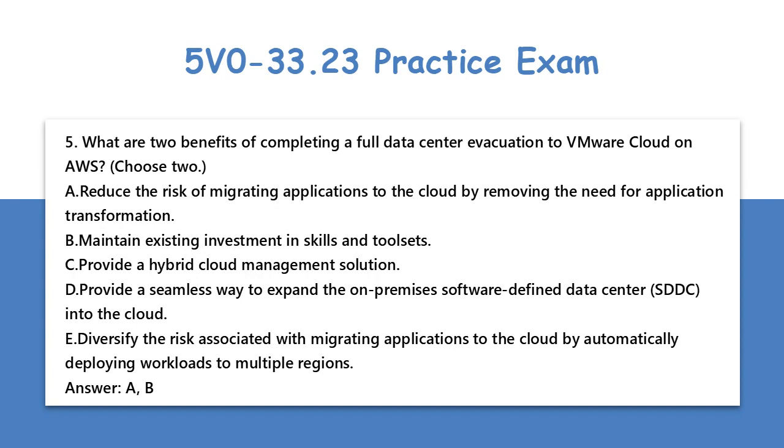C. Provide a hybrid cloud management solution. D. Provide a seamless way to expand the on-premises software-defined data center, SDDC, into the cloud. E. Diversify the risk associated with migrating applications to the cloud by automatically deploying workloads to multiple regions. Answer: A, B.